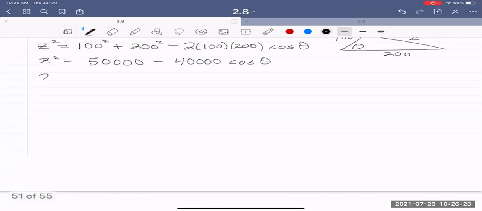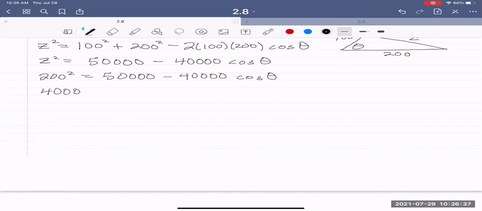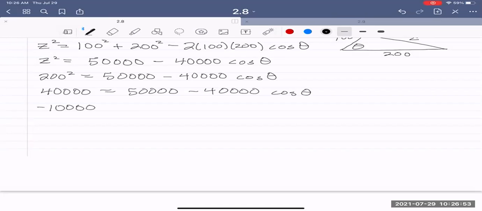So 200 squared is 50,000 minus 40,000 cosine theta. So I get negative 10,000 is negative 40,000 cosine theta. So if you divide, you get 1/4.